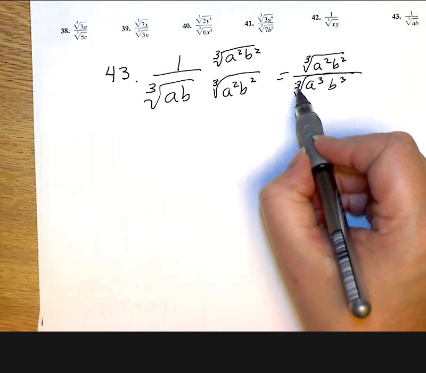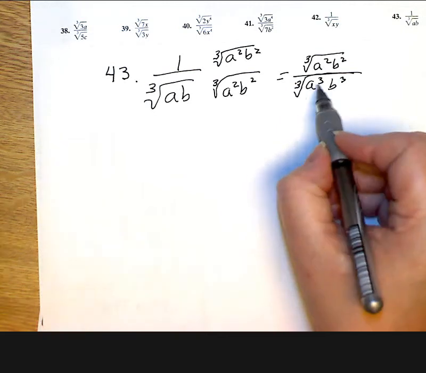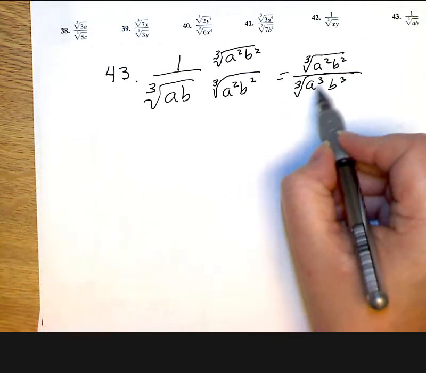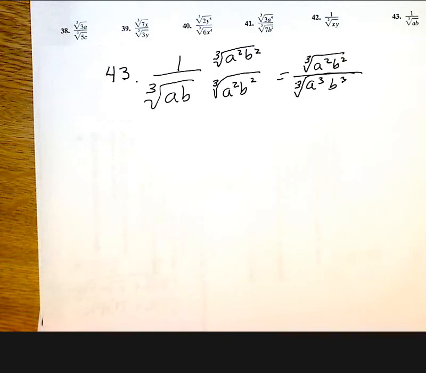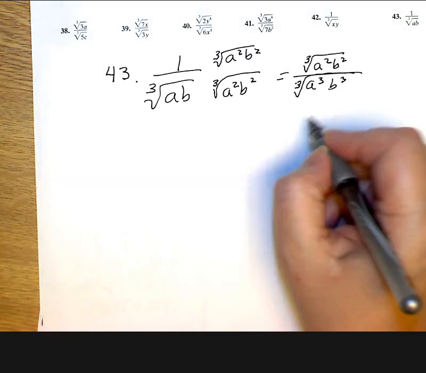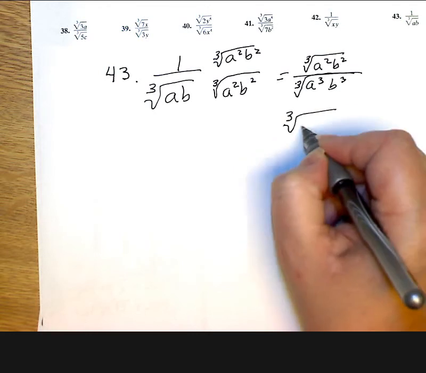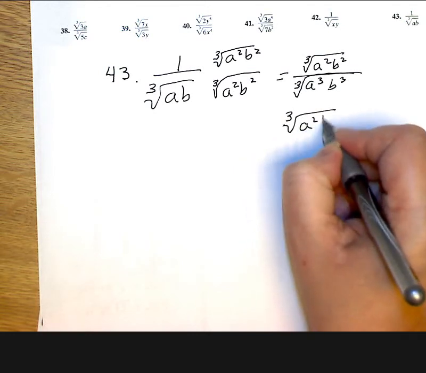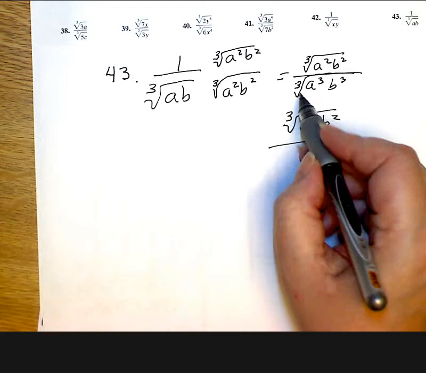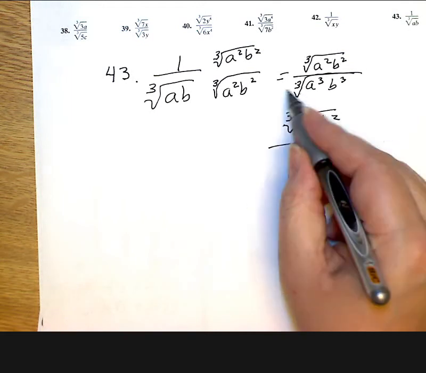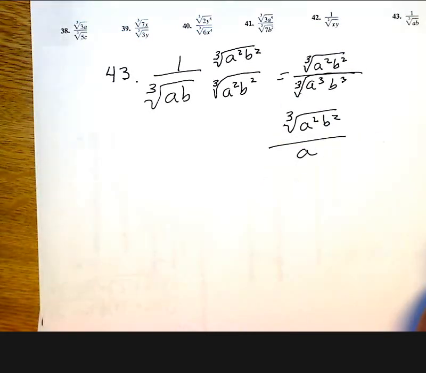What is the cube root of a cubed? If there's a 3 here, there's 3 inside. How many groups can leave? 1. And hopefully there's nothing left over, because if there's something left over, we didn't do it right. Top stays the same, a squared, b squared. Bottom is a, and what about the b's? 1b, so b.